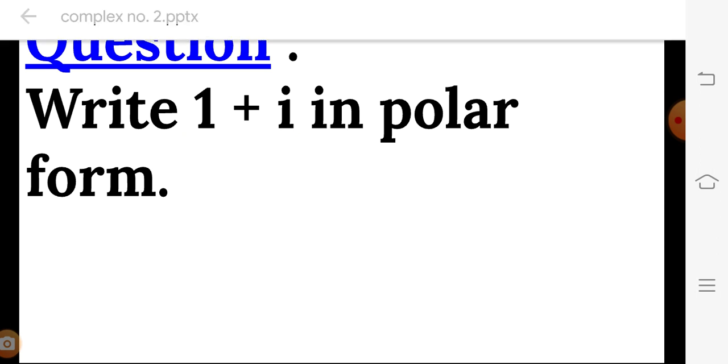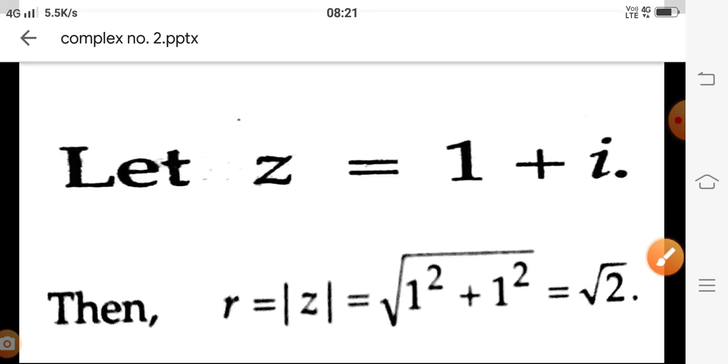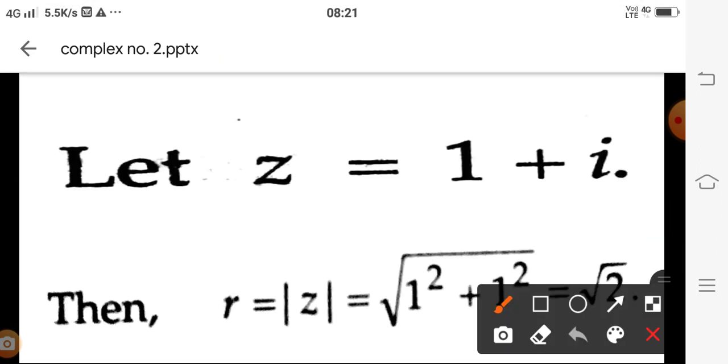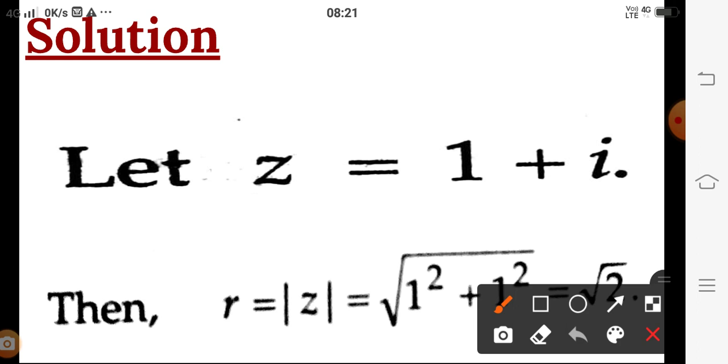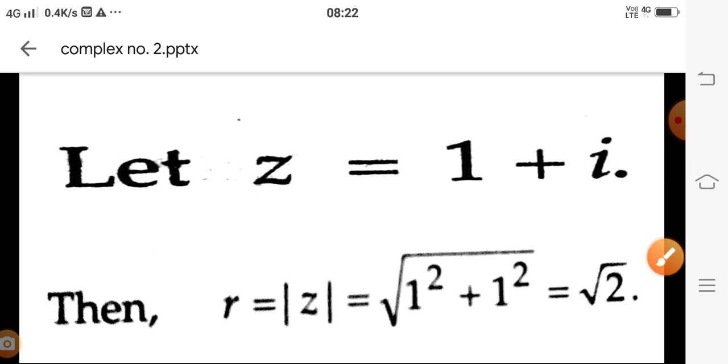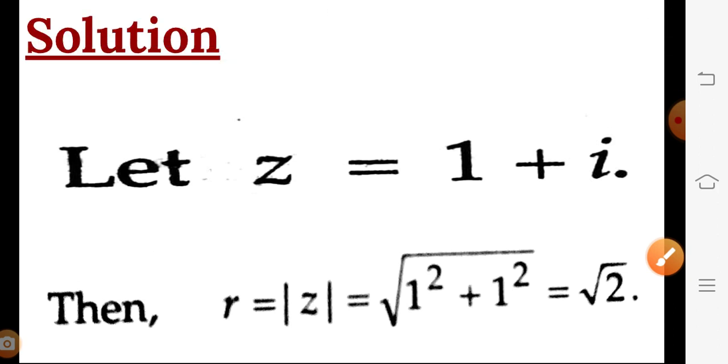Then let us solve this question. z is 1 plus i, and modulus r is mod z equal to under root 1 square plus 1 square, and solving we get root 2, so the modulus is root 2 for the given question.